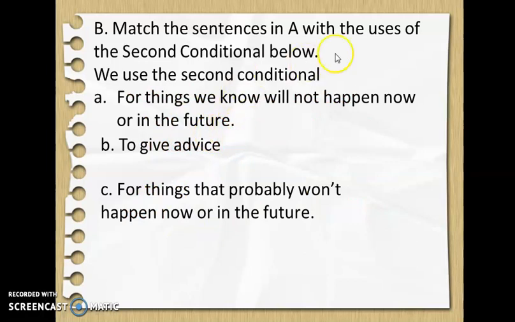Match the sentences in A with the uses of the second conditional below. We use second conditional for things we know will not happen now or in the future, and to give advice, and for things that probably won't happen now or in the future.